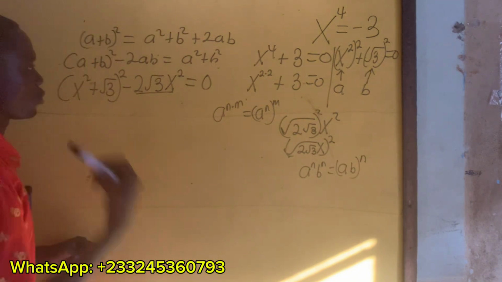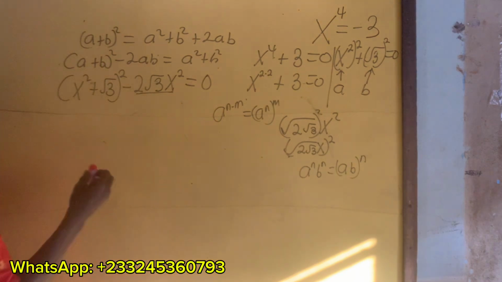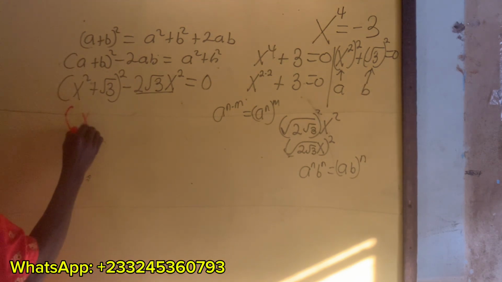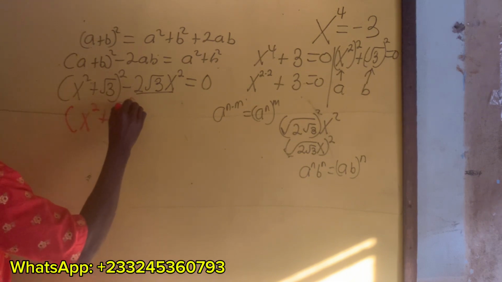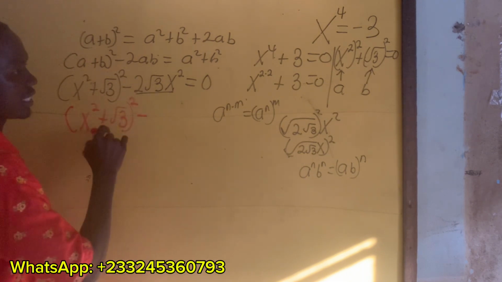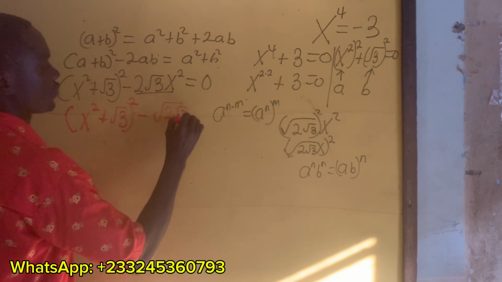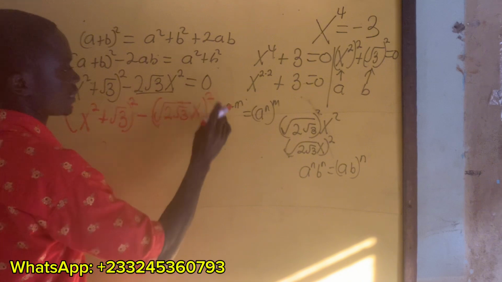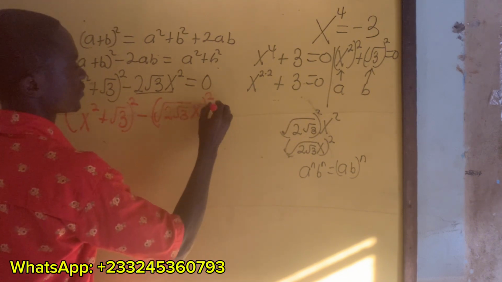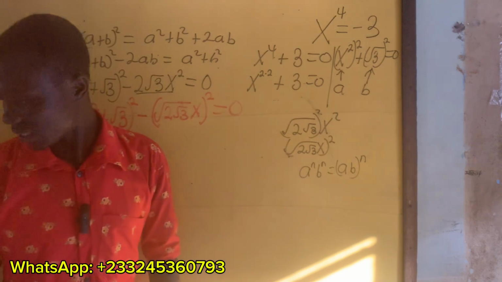So we're going to put here x squared plus the square root of 3 all squared minus the square root of 2 square root of 3 x all squared equals 0.